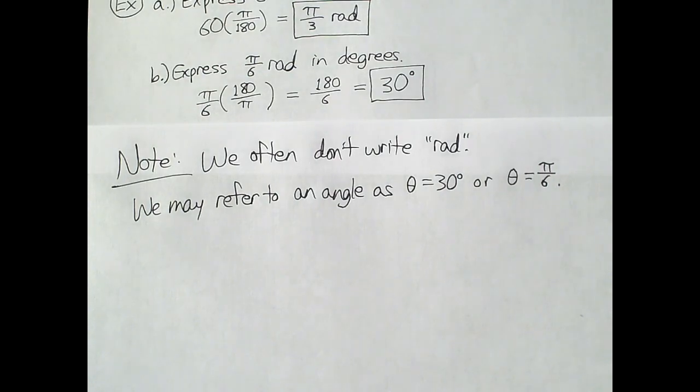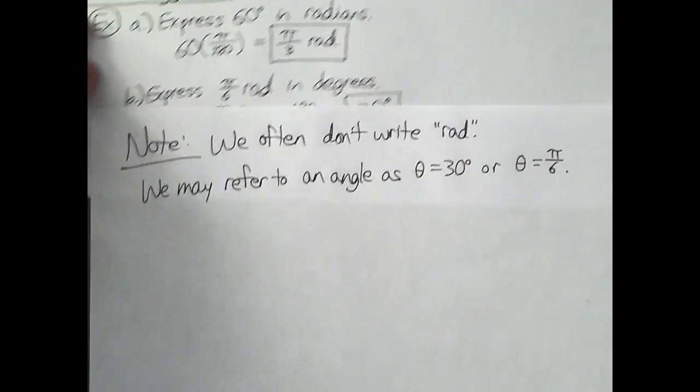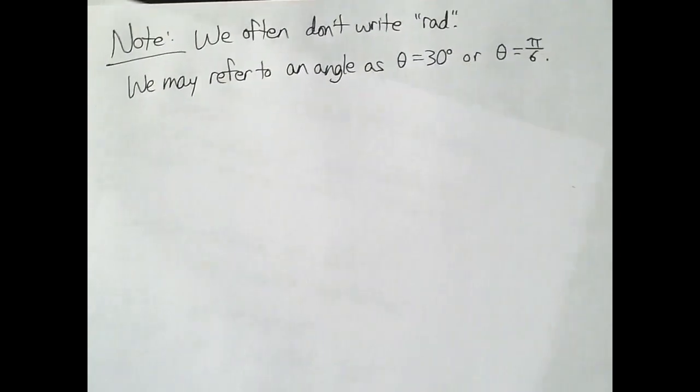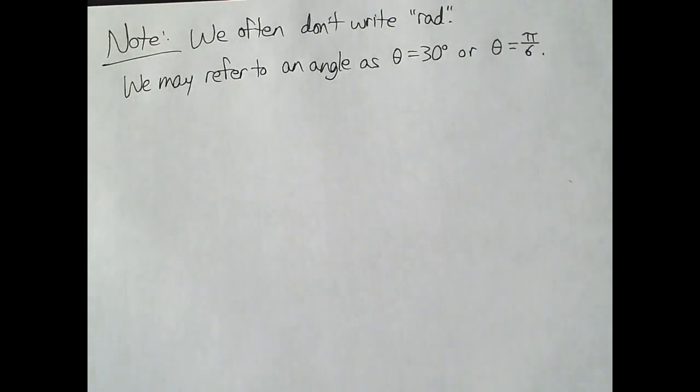By the way, 60 radians would be really weird. 60 radians would be unusual because 60 is actually more common of a measure for degrees. Maybe that wasn't the best example. Something like pi over 2, pi over 3, those are common angles that would show up in radians.